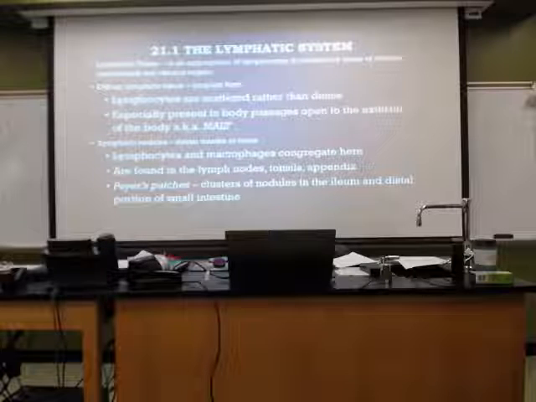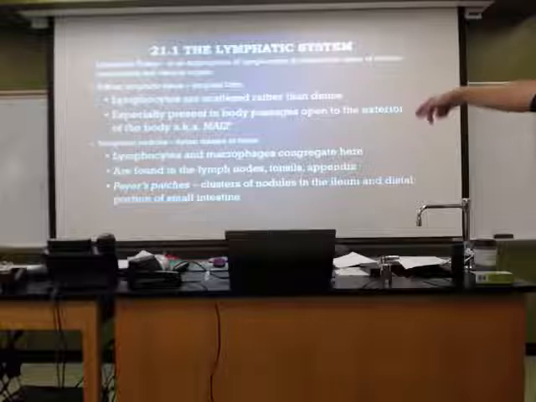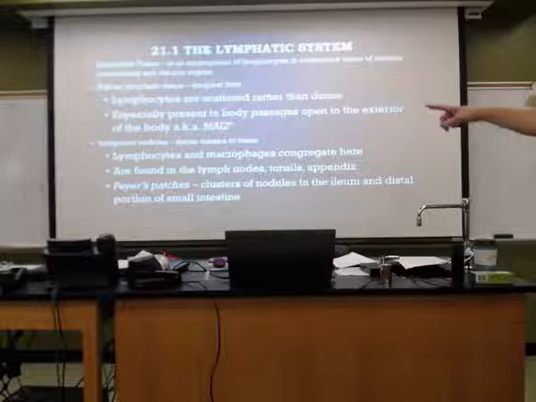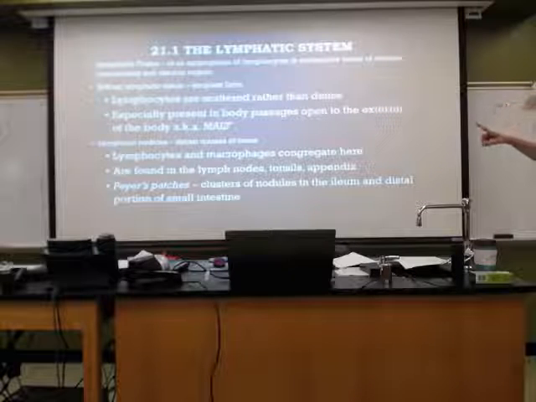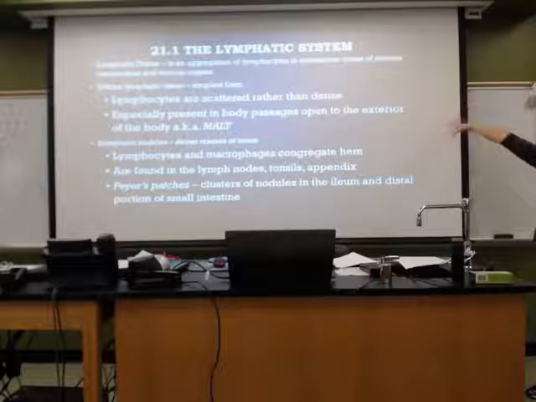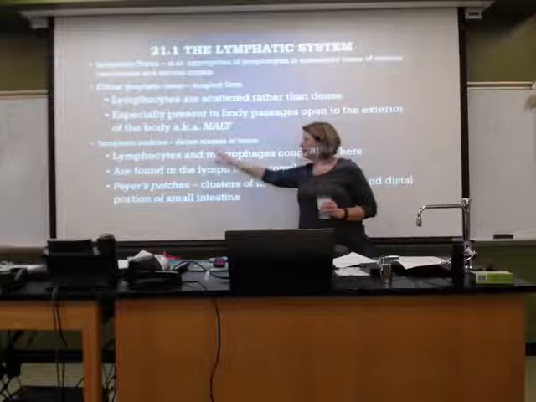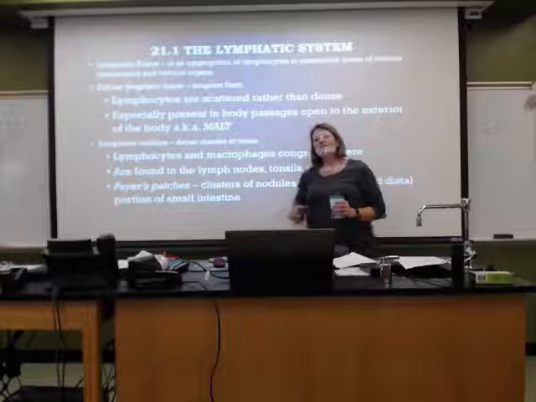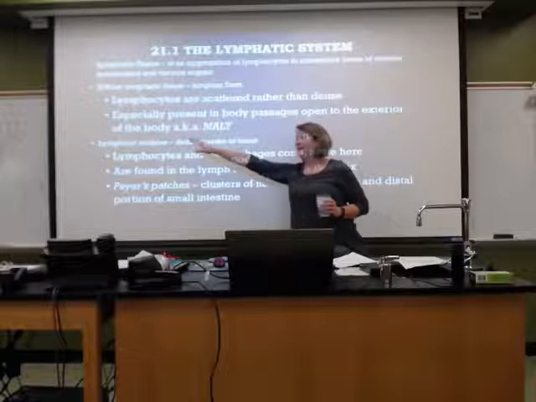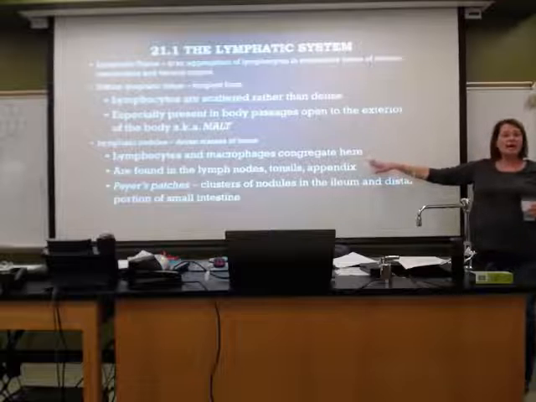Now, if it is a dense mass of tissue, it's a nodule, okay? So under the tissues, it can be diffuse or it can be dense. If it is dense, it is termed a nodule. Look what happens.